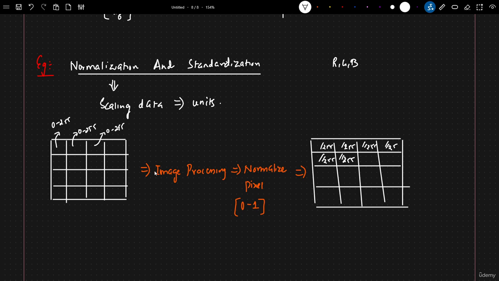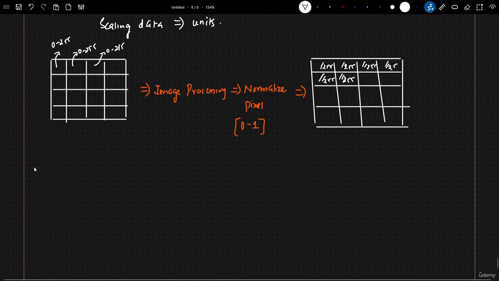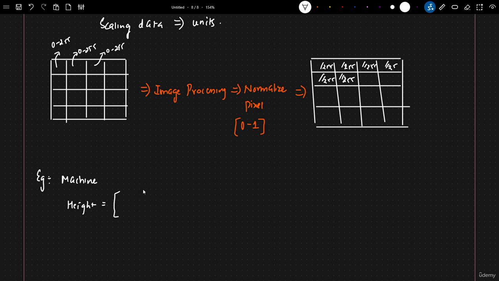Let me talk about one more thing. Let's say I'm solving a machine learning problem statement and I have a feature named height, and we'll consider this as a vector: 160, 170, 180.